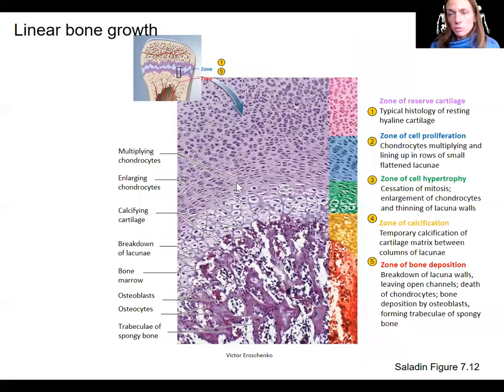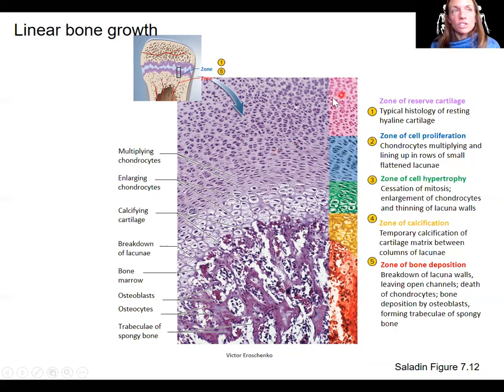One more image here, this one's from your book. What I like about this is it has these zones. If these zones help you refer to these different steps, that's fine. It's the same as those steps I talked about before. What I also like is this term reserve cartilage. This is the cartilage that is just hanging out, resting. And then just below that, there is cartilage that's actually dividing.